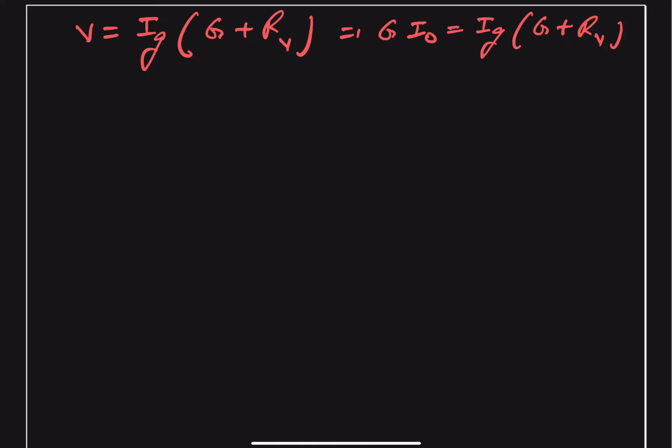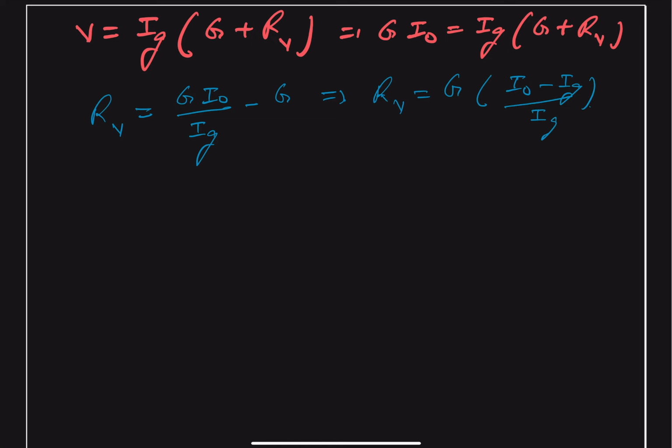So we can write that our Rv is equal to G times I naught divided by Ig minus G. We can further simplify it and write our Rv is equal to, we can take G as common and take LCM, we get G times I naught minus Ig divided by Ig.